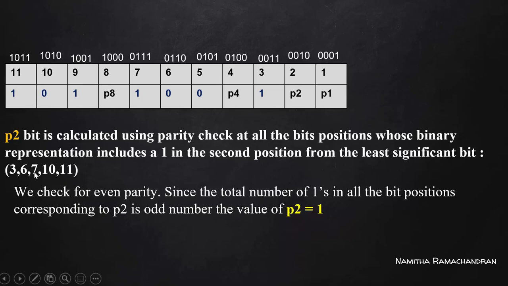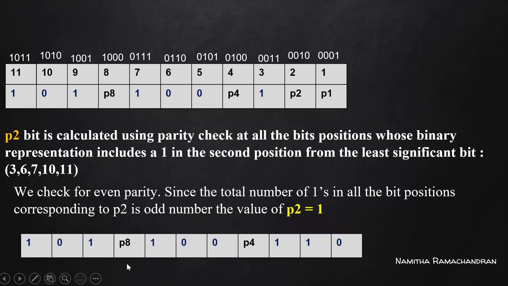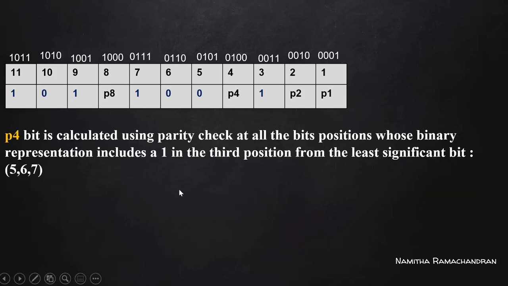Total 3 ones in these positions. 3 is an odd number. In order to make it an even number, we can set a value 1 for this parity P2. Okay, so this is the case. After setting value for P2, here comes value 1.